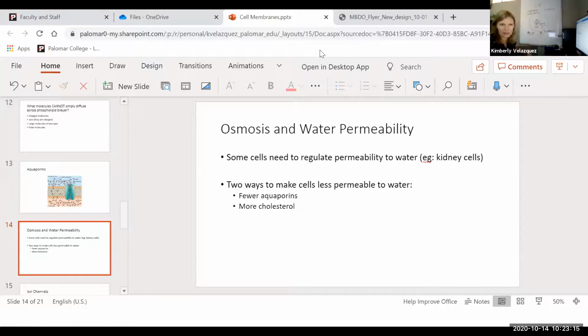If we wanted to reduce the amount of water, if we wanted this cell to have a higher solute concentration and we didn't want water to just passively come in, a couple of things we could do. One is to just not have that many aquaporins in this cell. So the fewer aquaporins you have, then the less permeable this cell is going to be to water.